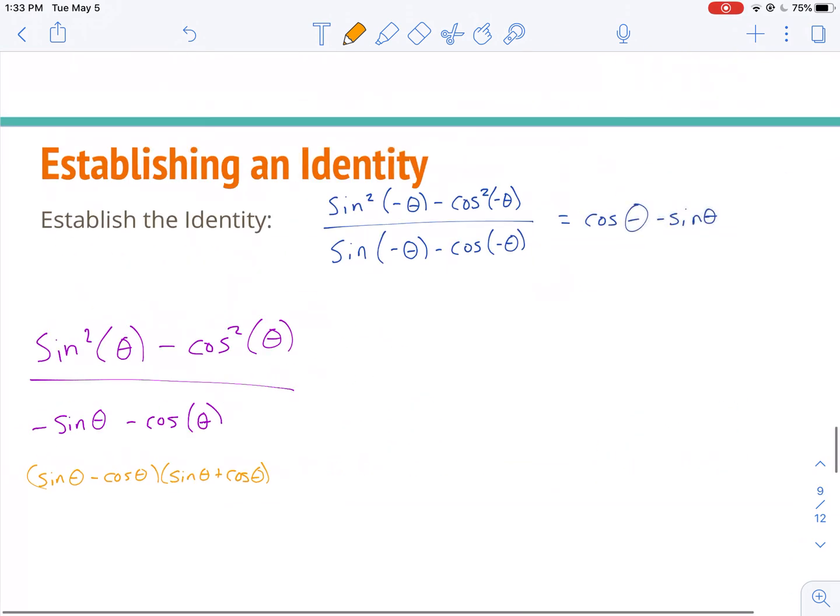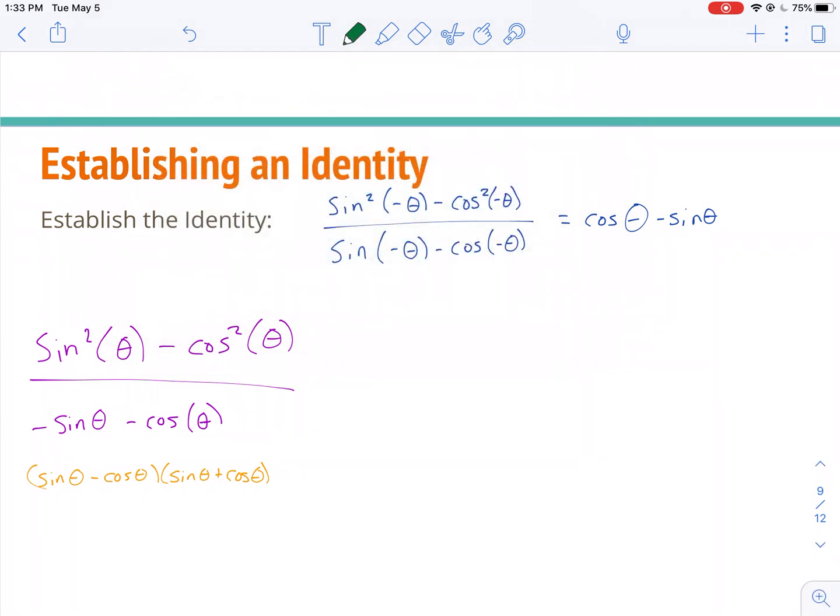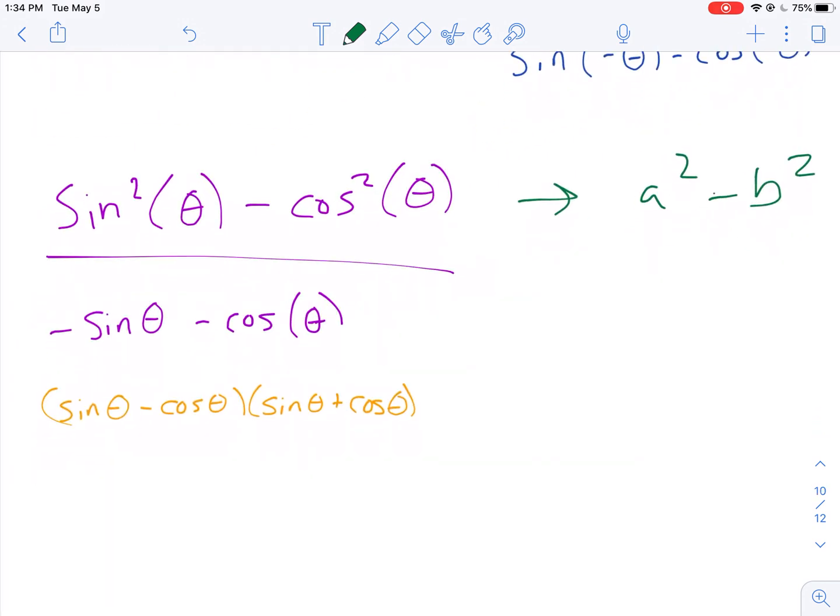Again, this is kind of like me saying up here that I've got a squared minus b squared, and whenever you have a squared minus b squared, that simplifies down into a minus b times a plus b. That's called the difference of squares. We've learned it, we've used it before, we've applied it a lot. Now we're doing it with trig functions.